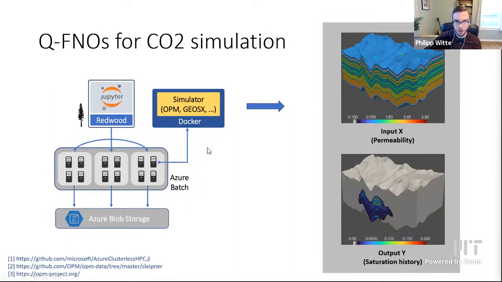And then the training data that we generated, like I said, we tried to pick something that's fairly realistic. So we took an existing model that's open source. It's called the Sleipner model, which is from an earlier CO2 project that was also done in Norway. And we took the original model and generated random permutations of that model, or more specifically of the permeability of that model, and then simulated the separation history for each model using the Open Porous Media simulator.